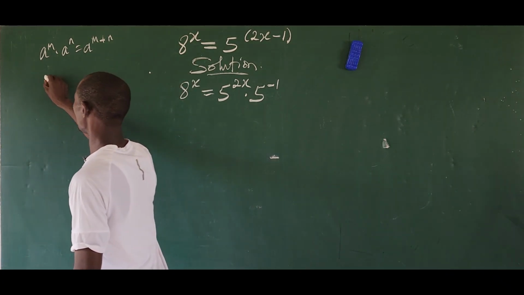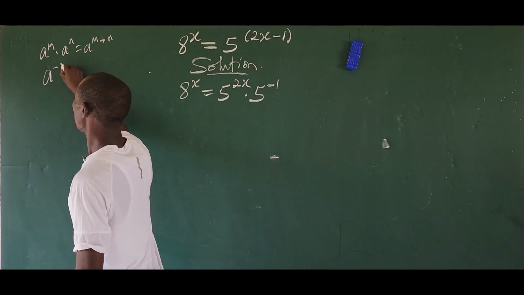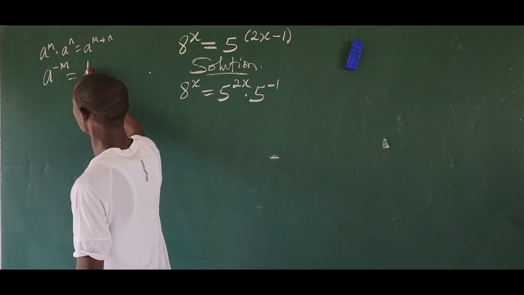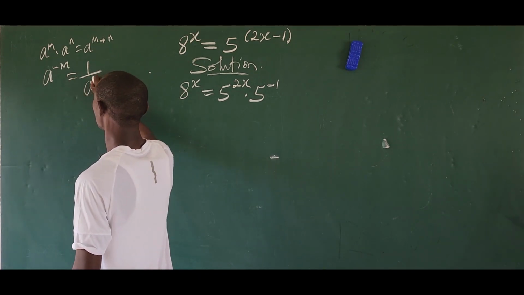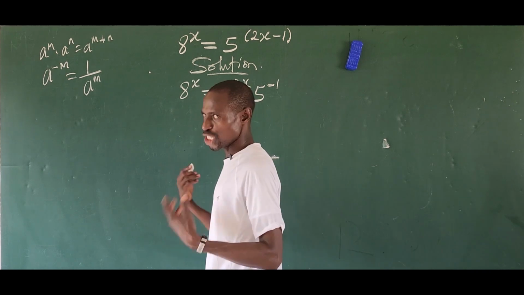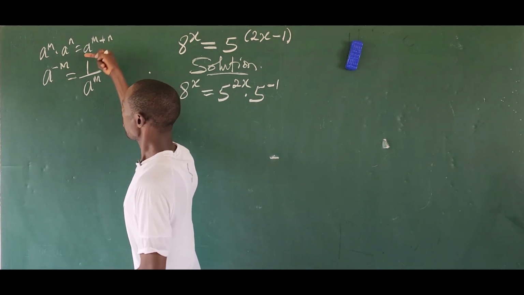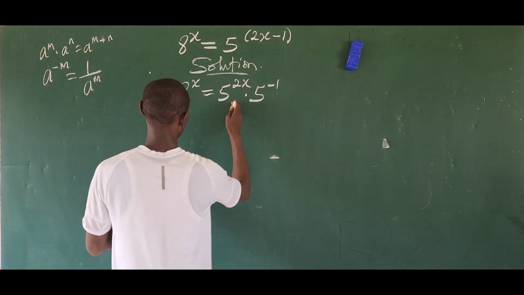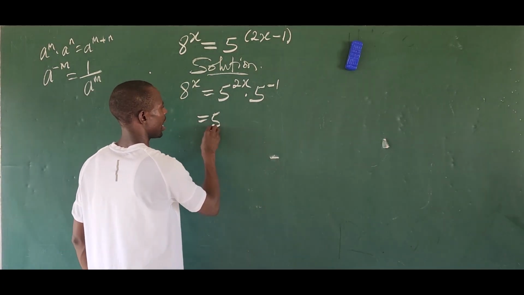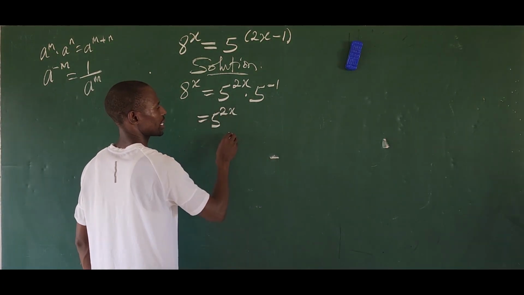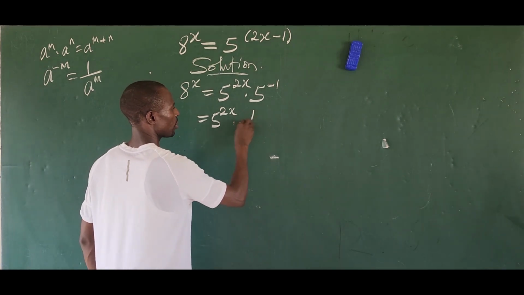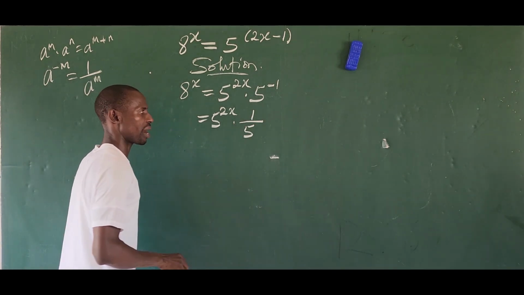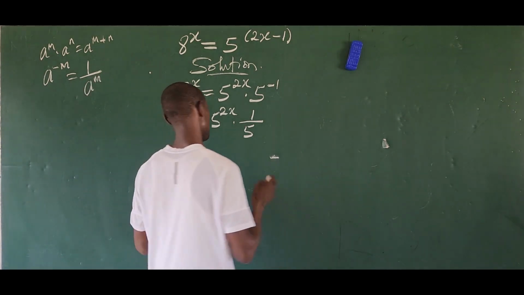Another law says that a to the power of minus m is the same thing as 1 all over a to the power of m. And so the minus is replaced by 1 and this division sign. So going ahead to rewrite this, we have 5 to the power of 2x times 1 all over 5 to the power of 1, which is the same thing.